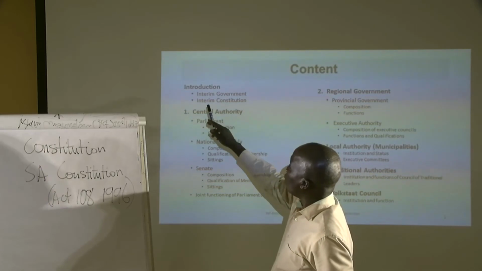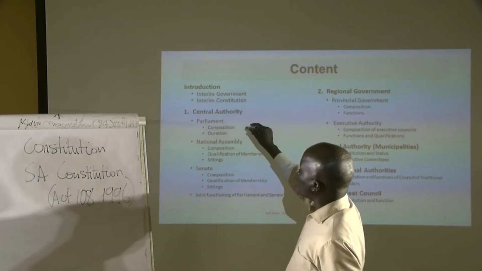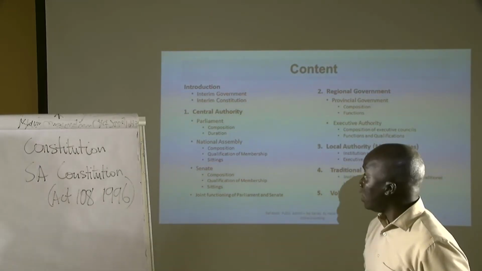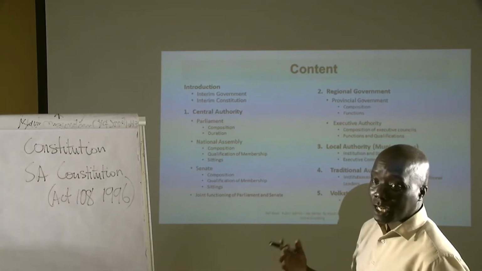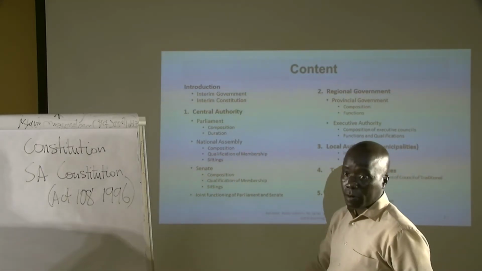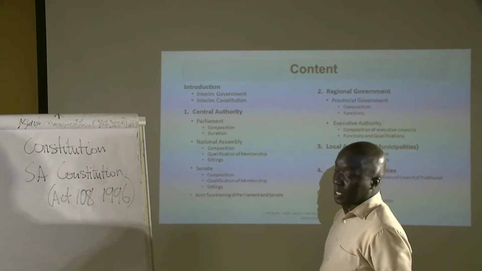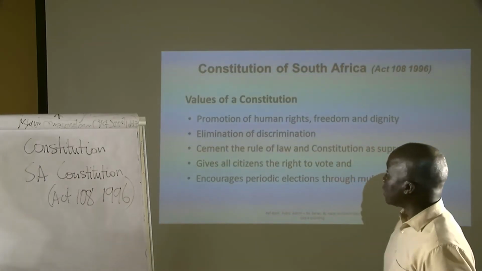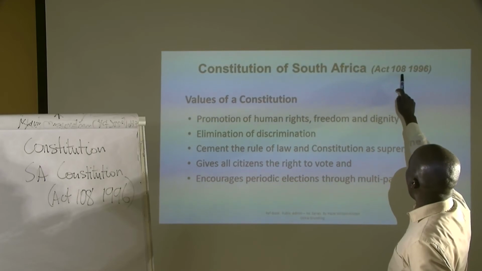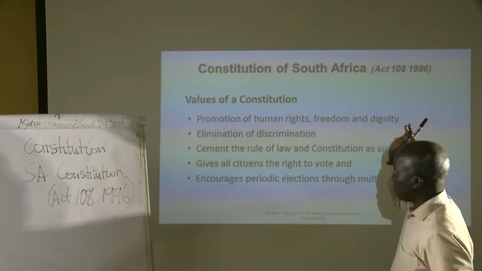This Interim Constitution brought about the Constitution which was firmly confirmed, and which the country of South Africa is currently using. That one is the Constitution, Act 108 of 1996.